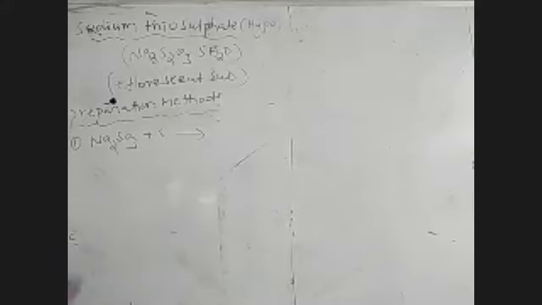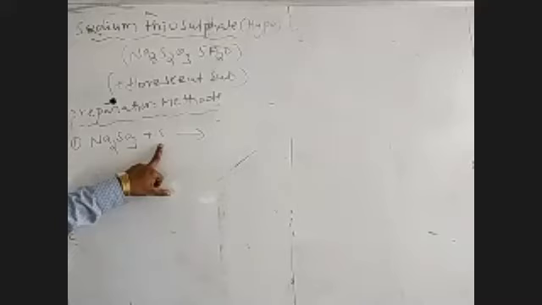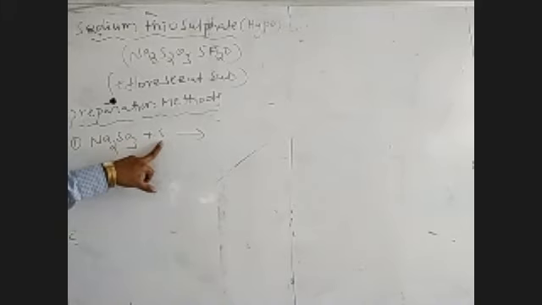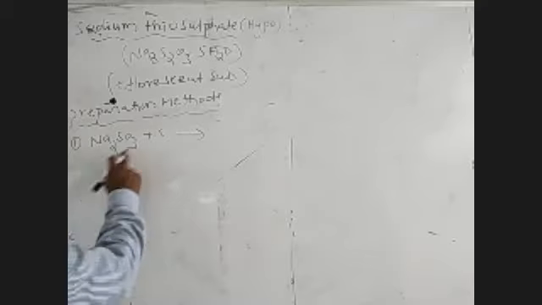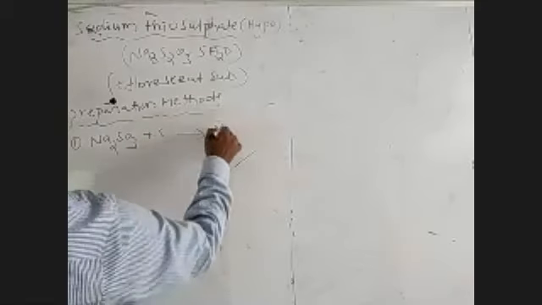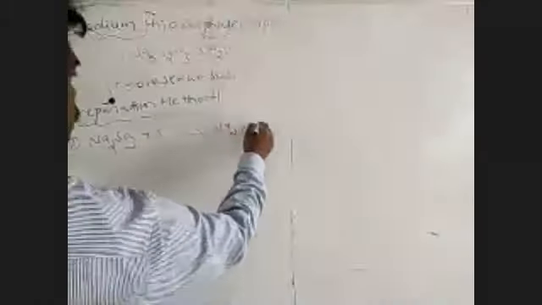Colloidal sulfur means a plastic sulfur or alpha sulfur containing S6 units. Alpha, beta and gamma forms of sulfur contain S8 units in the allotropes of sulfur. Colloidal sulfur means plastic sulfur, containing S6 units. Na2SO3 reacts with sulfur to form Na2S2O3, sodium thiosulfate.